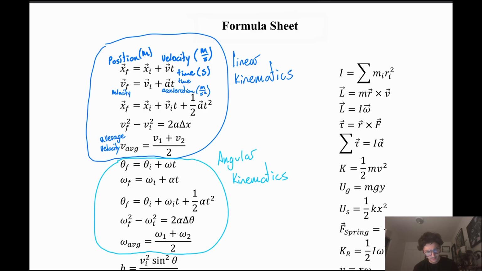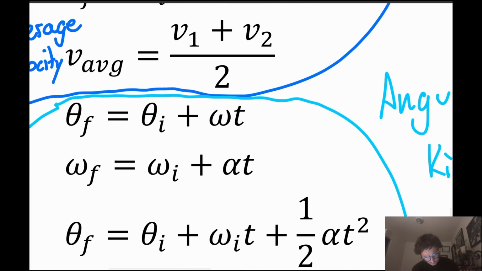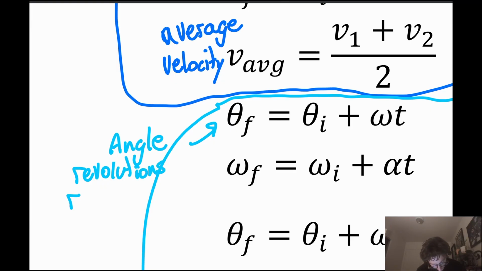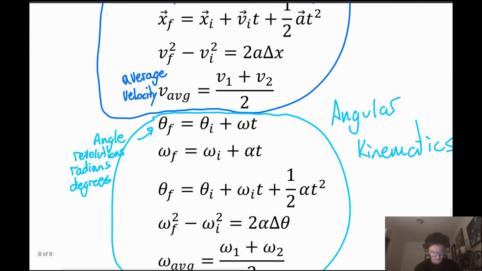So I'm just kind of yapping over here, but let me write over here. This is an angle. I'm just going to call it like this, angle. So this is normally revolutions, or let's use radians, or let's use degrees. So now it gets a little more complicated because there's different units.